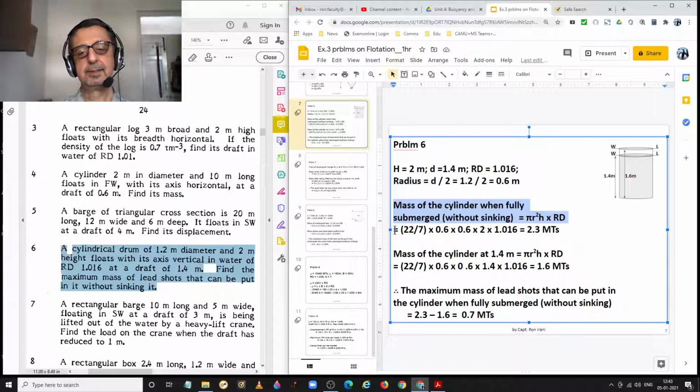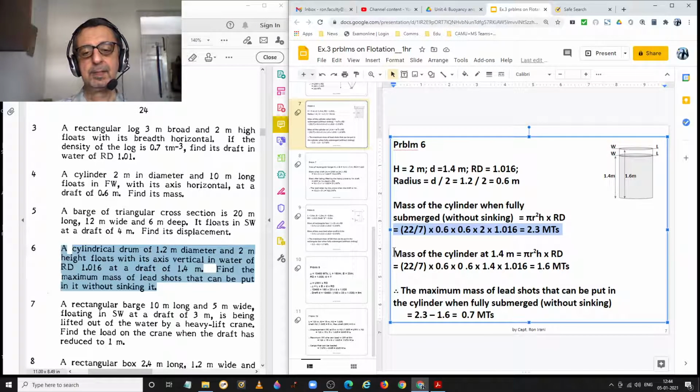And that is equal to pi being 22 by 7, r is 0.6 multiplied by 0.6 again, h is 2 meters, it is floating in water of RD 1.016, and that gives us the mass of this body to be 2.3 metric tons when it is floating with the top of the cylinder at the water level.